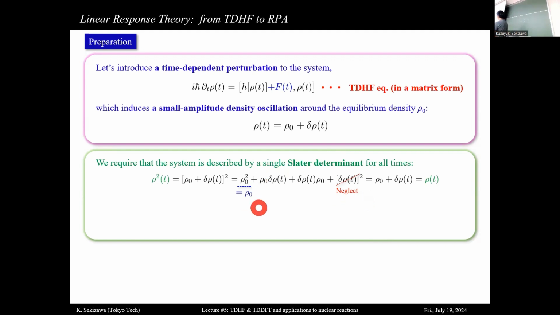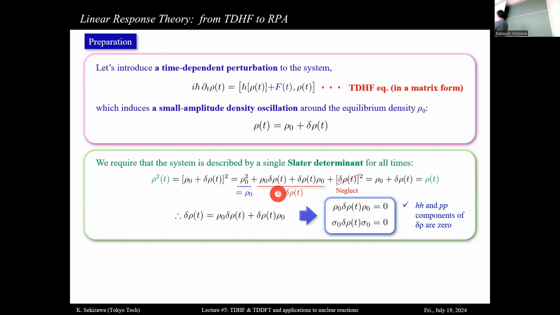Since rho 0 satisfies the idempotent property, we can replace it by rho 0. So what we should require is that rho 0 delta rho plus delta rho rho 0 must equal delta rho of t, for rho squared to be rho.